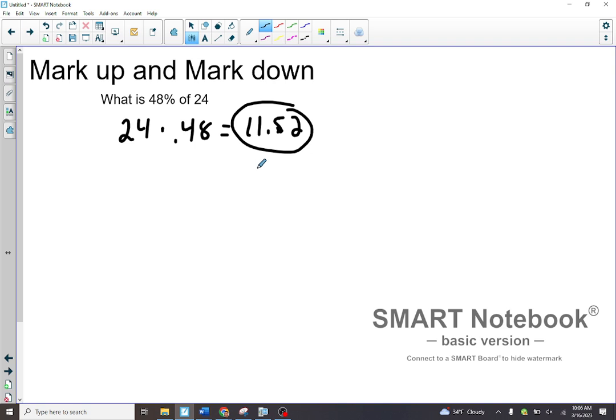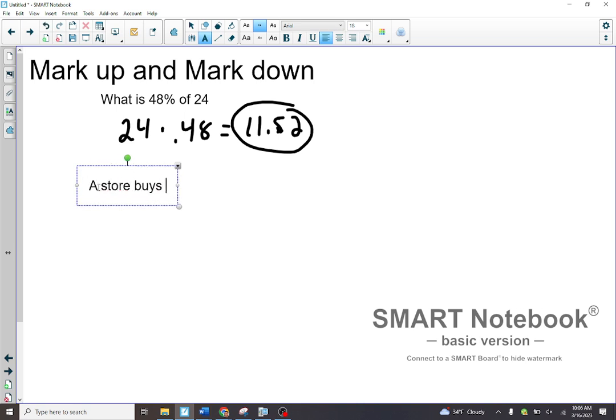Now, the second question is going to be, I guess, kind of like a word problem when we write it out. So, for example, a store buys socks from the manufacturer, from a wholesaler, at 50 cents a pack.